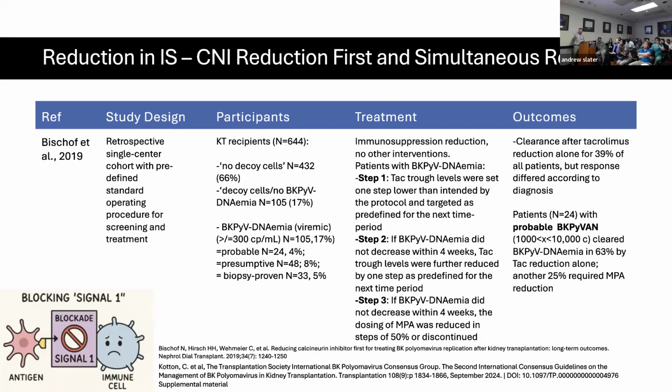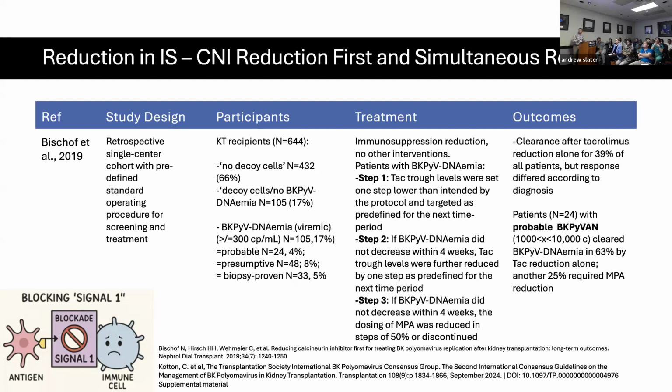If BK virus did not decrease within 4 weeks, TAC trough levels were further reduced by another step as predefined for the next study period. And then step 3, if another 4 weeks goes by and BK virus levels still don't decrease, then the dosing of the anti-metabolite was reduced in steps of 50% until discontinued.